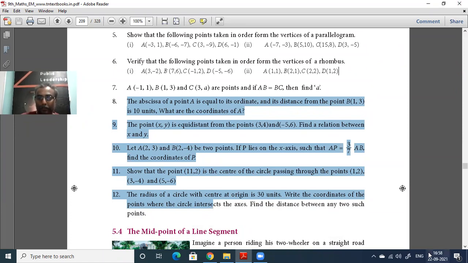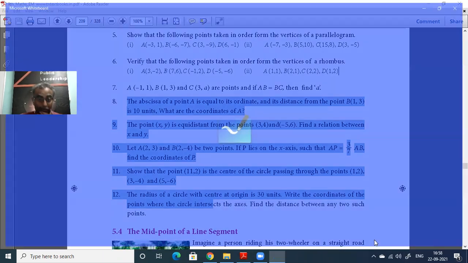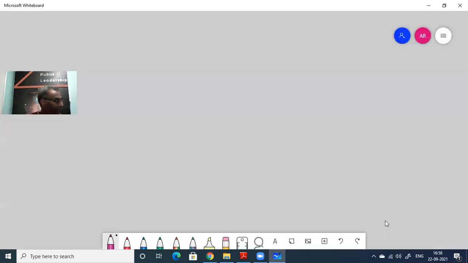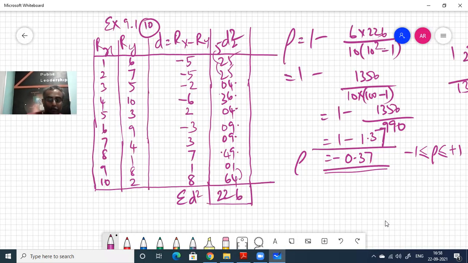The abscissa of a point is equal to its ordinate.